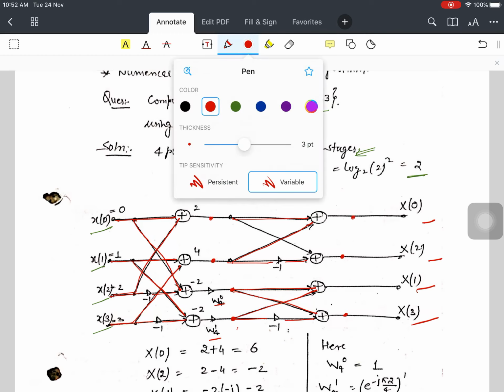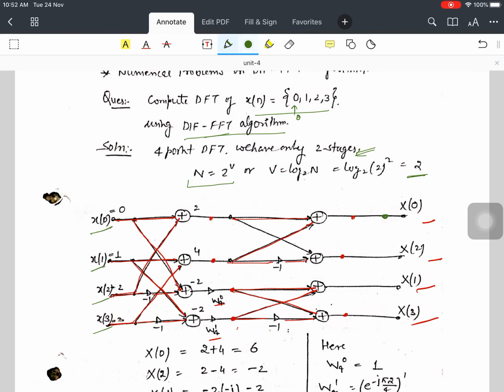If I talk about x0, firstly the values are 2, 4, minus 2, minus 2. Finally the summation of 2 and 4 gives 6. At x2 it is 2 from here and 4 multiplied by minus 1, so minus 4, which gives minus 2.